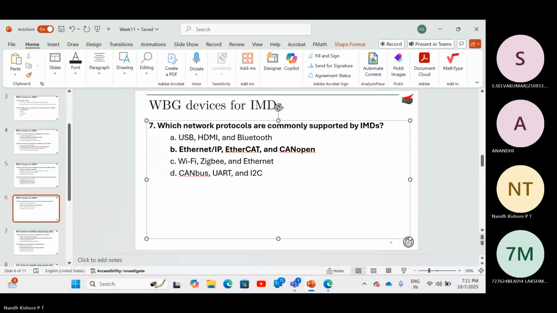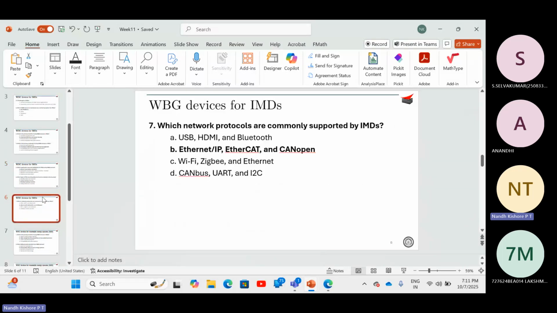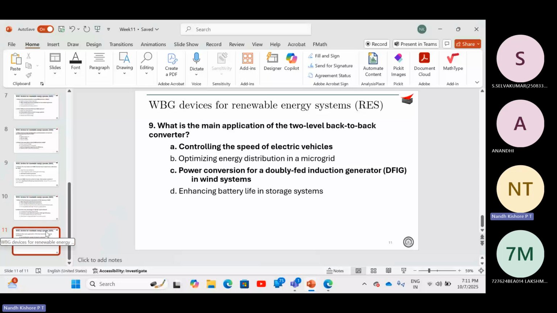Okay, so I hope this is fine, right? Then we can go ahead with questions on WBG devices. We have seen them for IMDs and also for renewable energy systems. So next we will move towards PCB design, problems on PCB design.